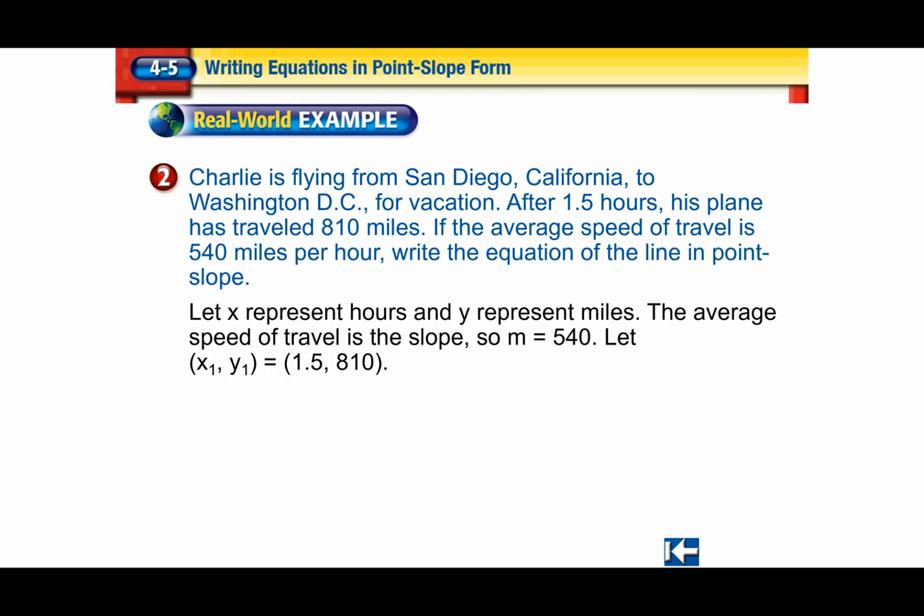Okay, we're going to have x be hours, y be miles. The average speed is the slope, so that would be 540. And then we're going to let the point be (1.5, 810). The average speed of travel is 540. That's where they got those numbers from.